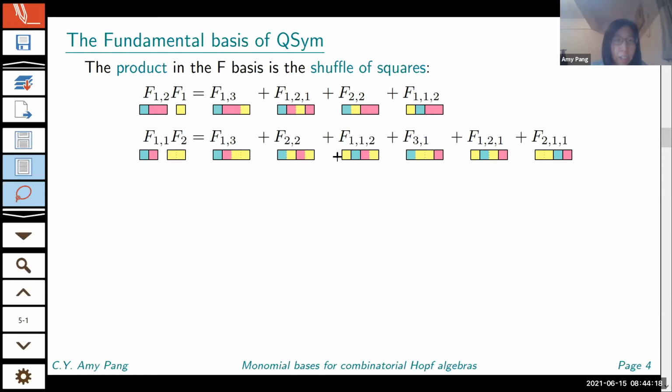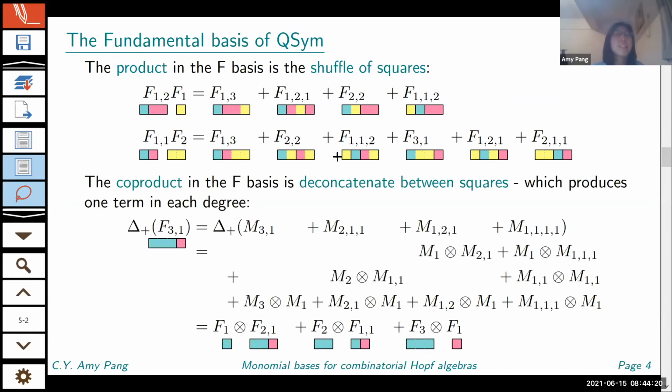And then in the coproduct, there's a similar sort of independence. The coproduct turns out to be deconcatenation between squares, and it will always produce one term in each degree. So again, this is square-based. I can cut after just one green square in the middle of the green block, and this gives me a 1 and a 2, 1.